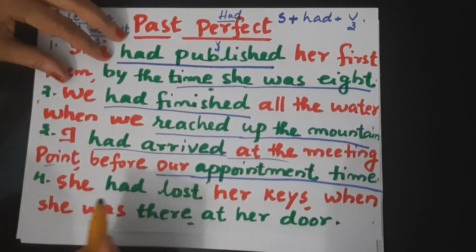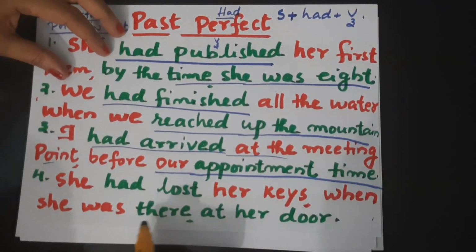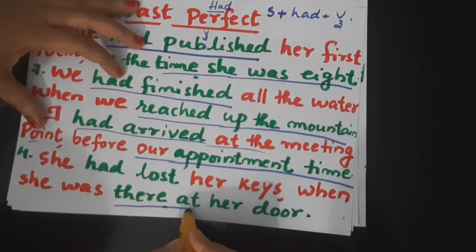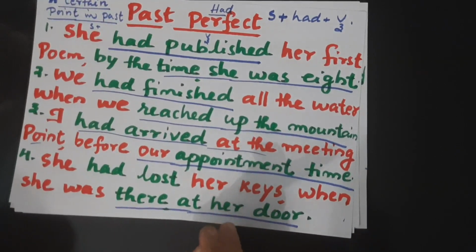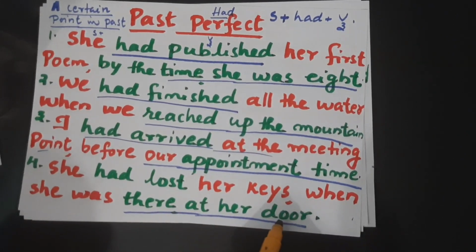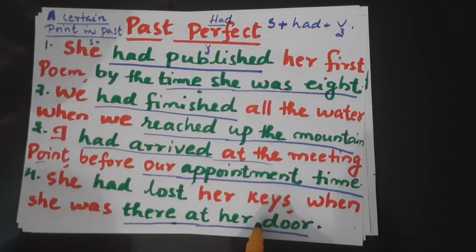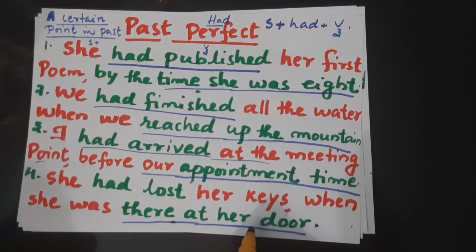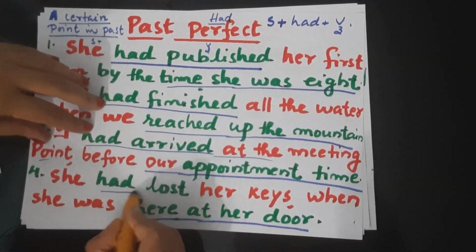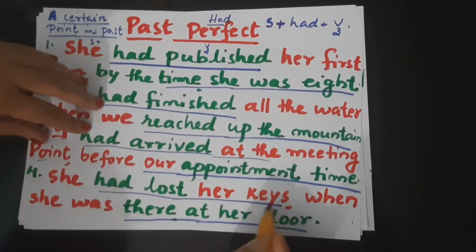Next one. She had lost her keys when she was there at her door. She reached there at her door is a certain point in the past. So before that point itself, she had completed another action. What was that? She had lost her keys.